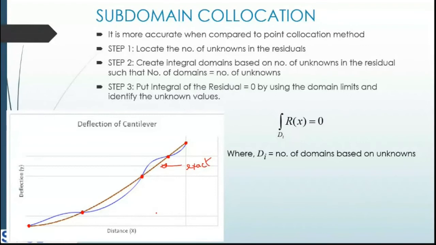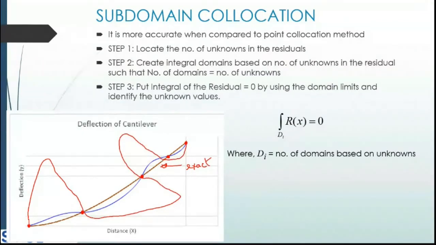So the problem here is that in point collocation, sometimes your curve may look like this. It starts from 0, and these two points are matching, but in between you may have a curve like this, it may go like this, right?